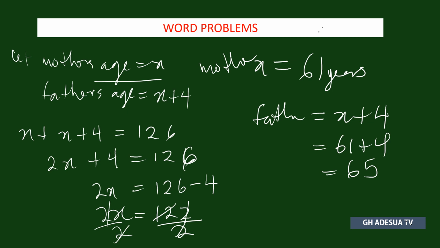So the age of the father is 65, while the age of the mother is 61. 61 plus 65 is 126, and that was the earlier total we found.